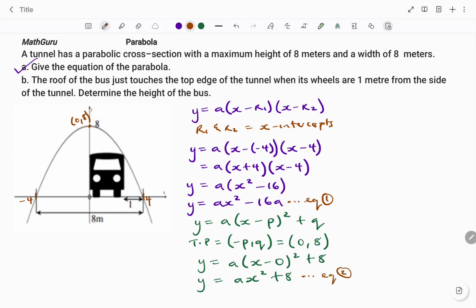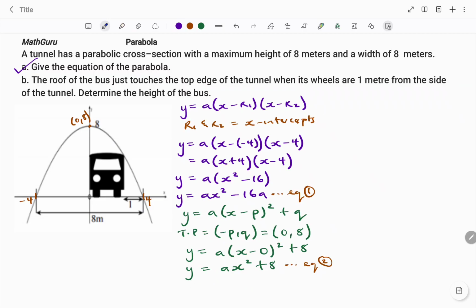Now that I have these two equations, and they both represent the same parabola as shown, I'm going to equate them together. Therefore, equation 1 must be equal to equation 2, and then I have ax squared minus 16a equals ax squared plus 8. The next step, I'm going to take out ax squared from both sides, or I can use the balance method to say move my ax squared.